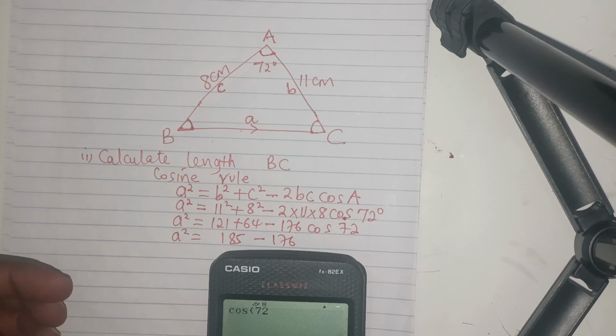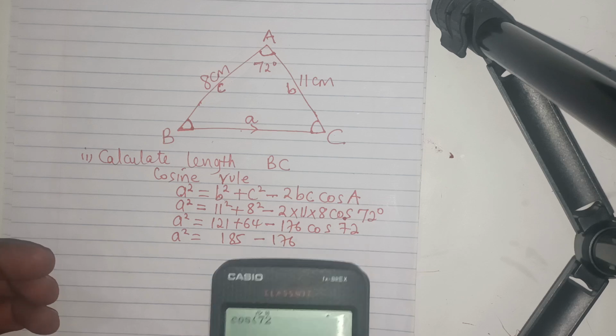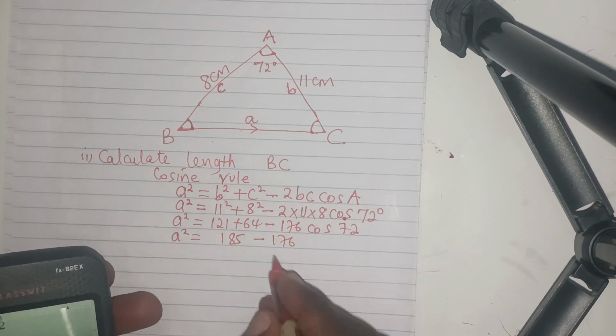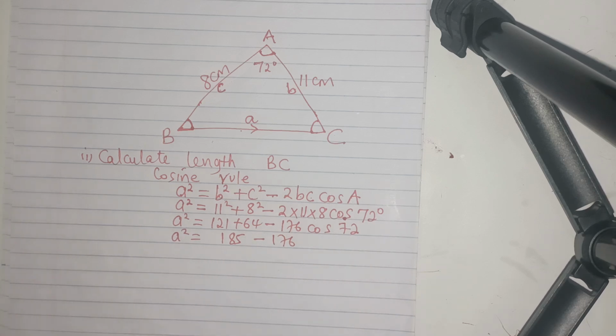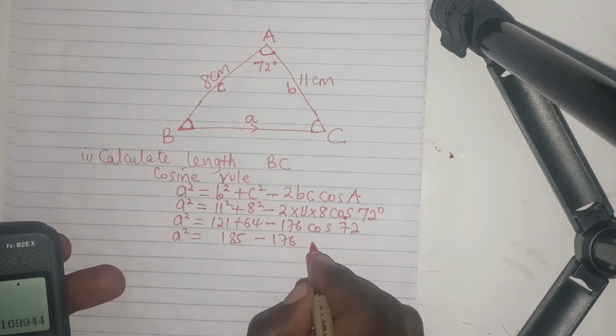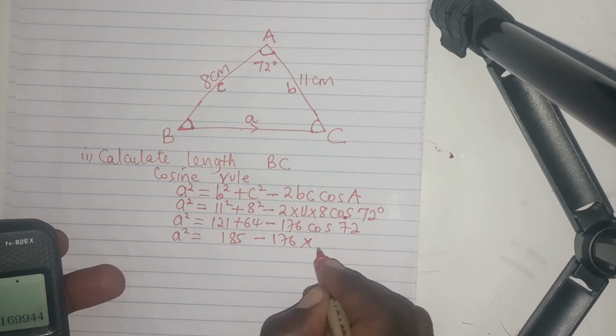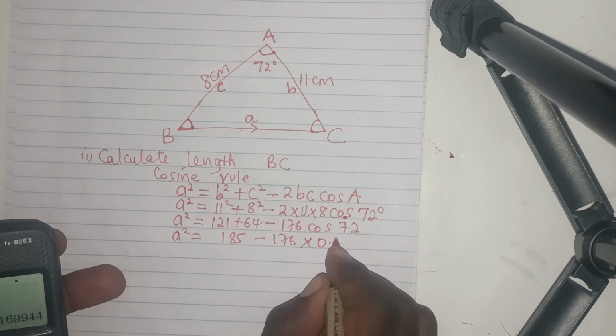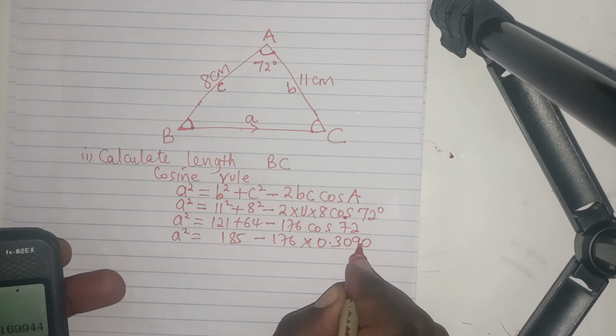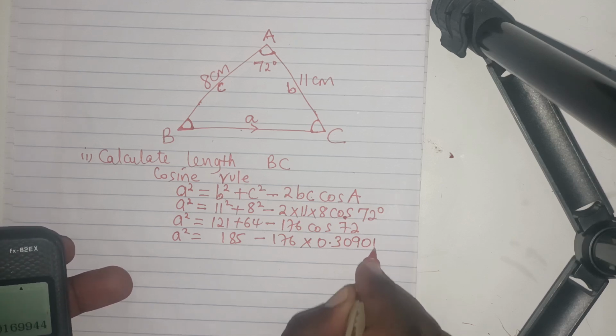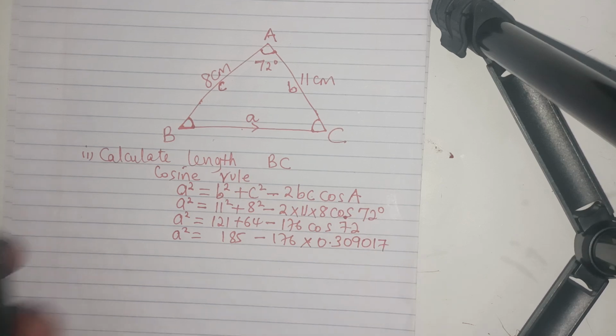I'll capture the first 5 decimal values, so I'll have 0.309017. So that becomes the cos of 72.